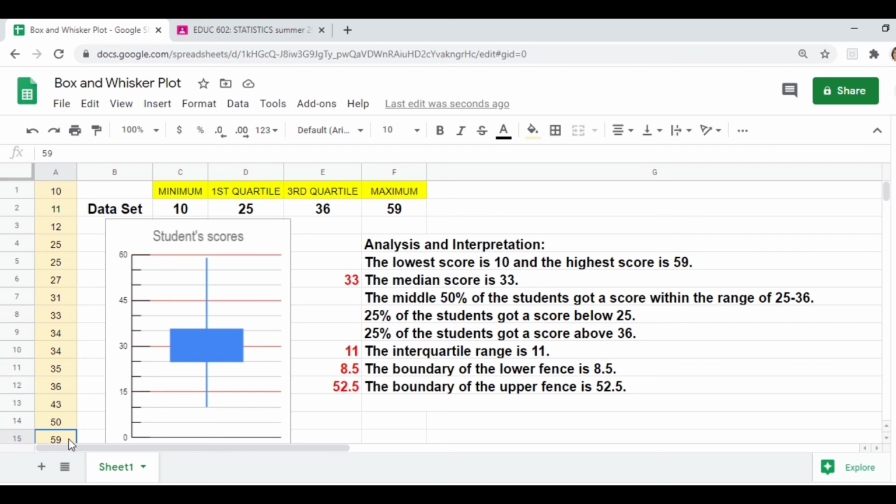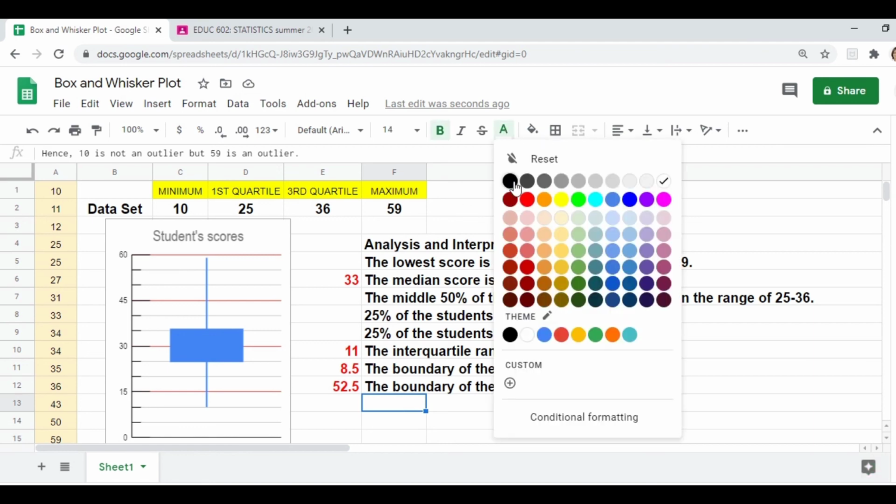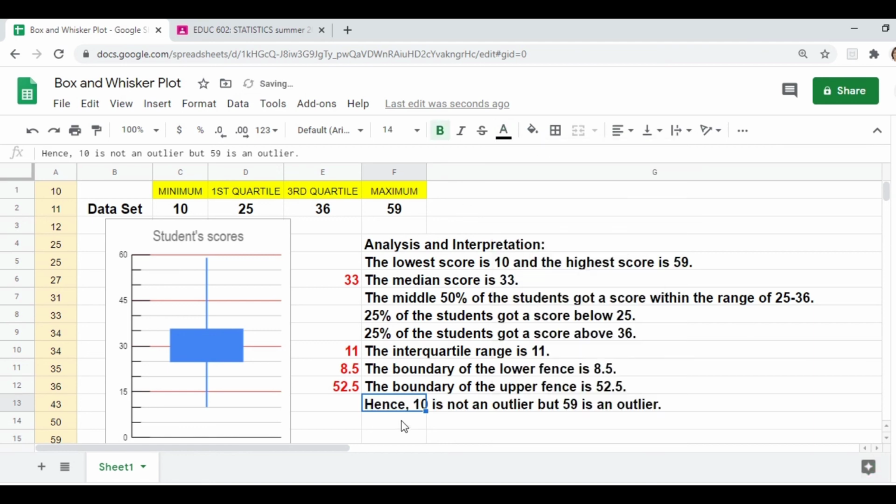Yes, 59 is an outlier because it falls outside this fence. It does not belong to 8.5 to 52.5. So any value beyond 8.5 and 52.5 we can consider an outlier. In this case, the score 10 is not an outlier, but 59 is an outlier.